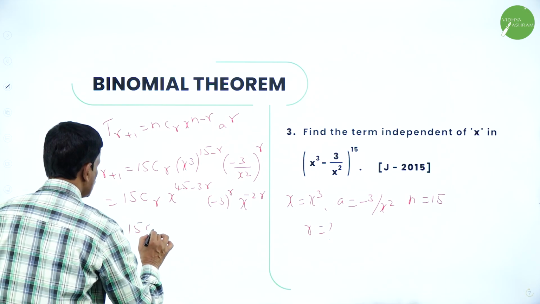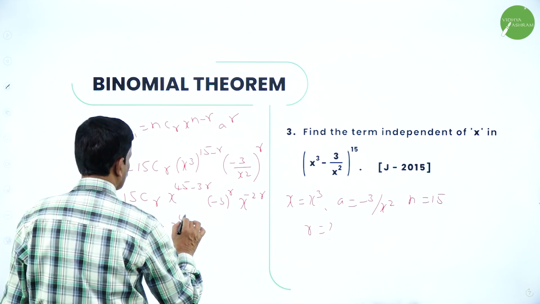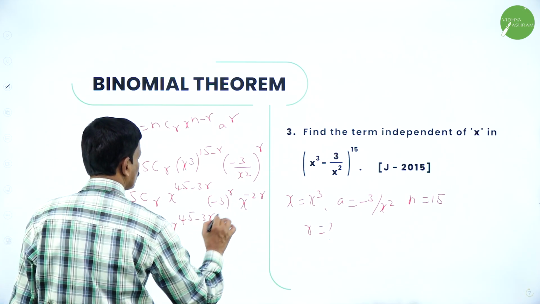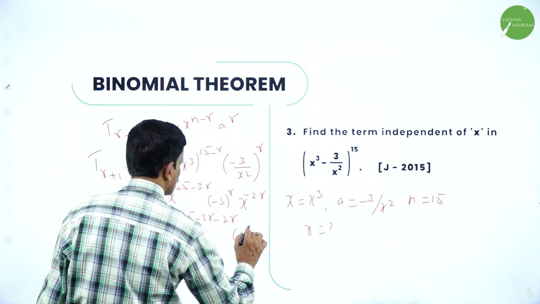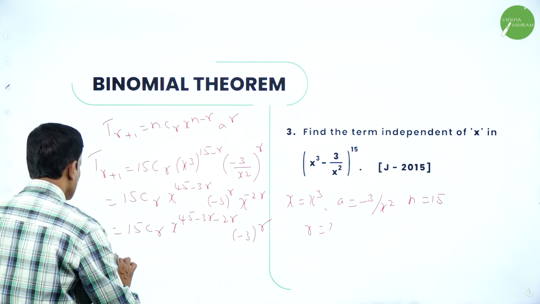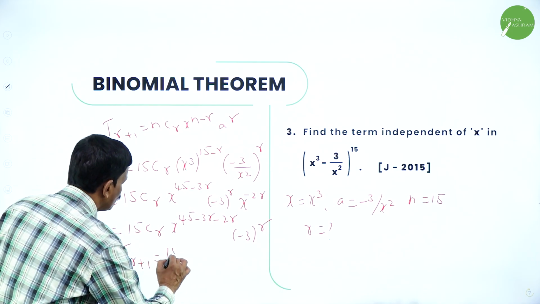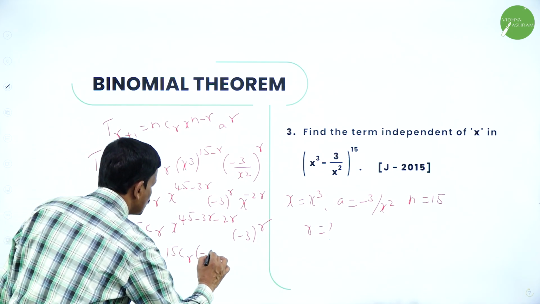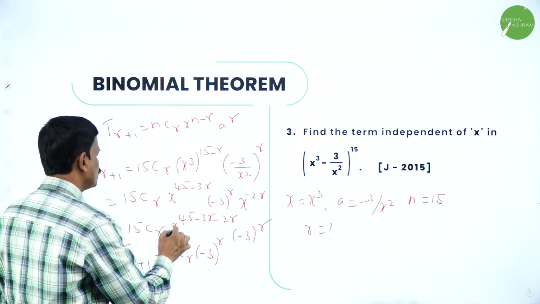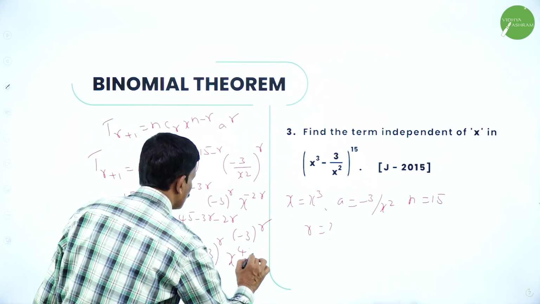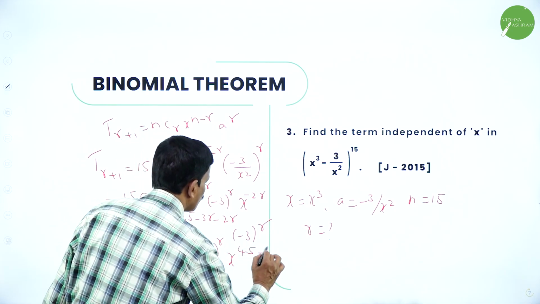So this is 15Cr x to the power of 45 minus 3r minus 2r, into (minus 3) whole raised to r. Therefore T(r+1) is equal to 15Cr (minus 3) to the power of r into x to the power of 45 minus 5r.